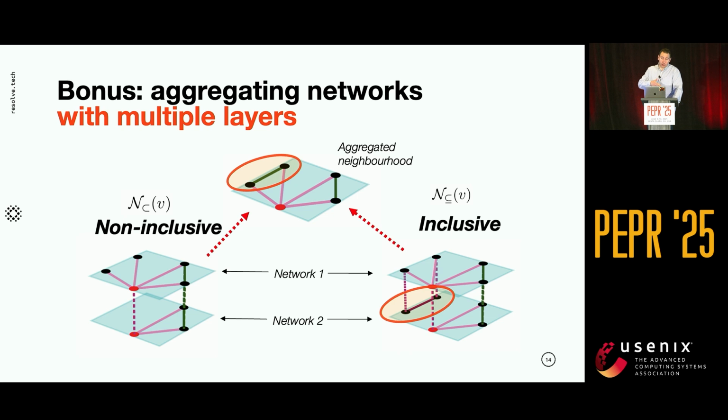We call them non-inclusive and inclusive, depending on which people you include or not in which network, even if they are not your direct connection. And the aggregated neighborhood uniqueness can be even higher than with a single layer. So aggregating doesn't always help in this case. Anyway, if you are interested, there is a paper out on this.